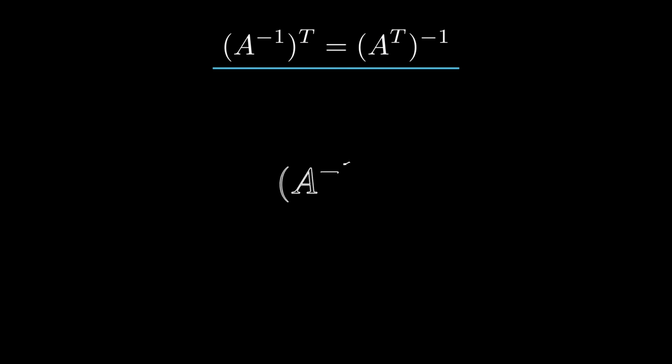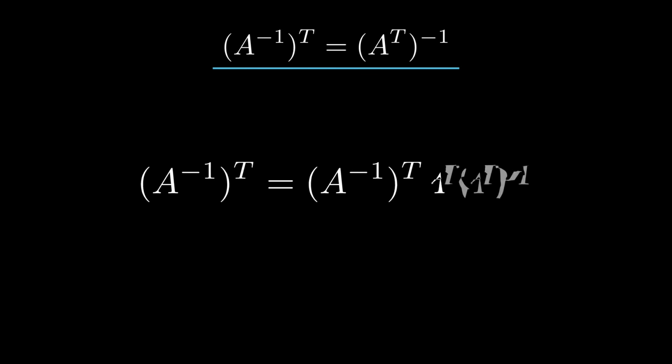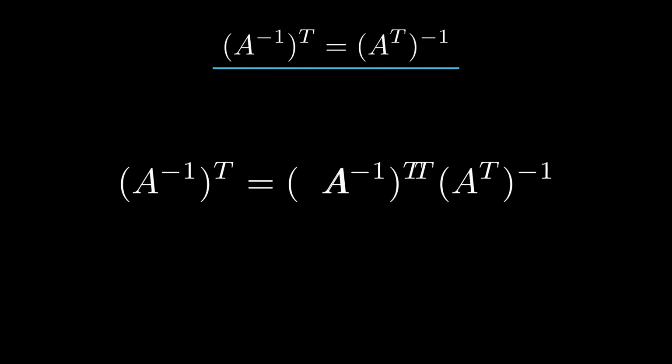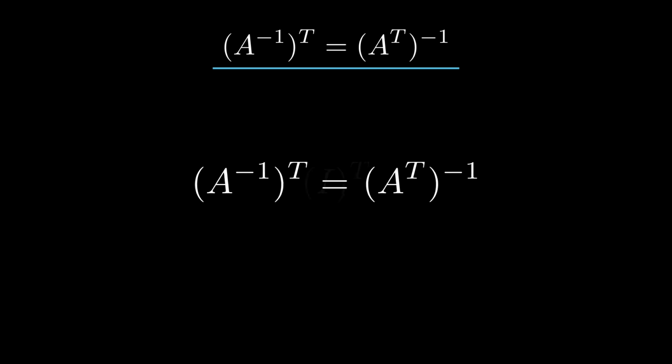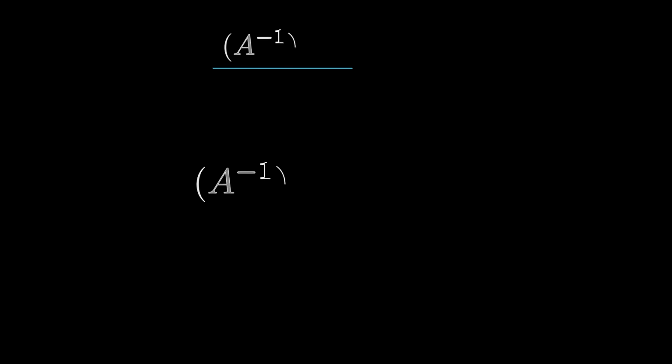Here's a quick proof of that. And lastly, we can represent a dot product of two column vectors by taking the transpose of the first vector and then doing standard matrix multiplication.